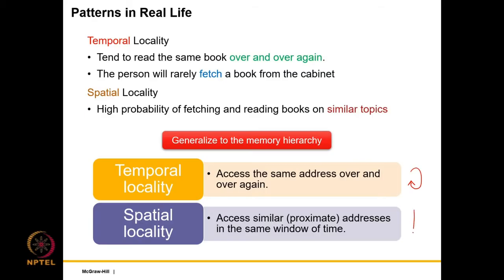Second, programs typically work on, let's say, large arrays or similar data structures. In that case, you sequentially scan the array elements. This is an example of spatial locality, because if the first element was accessed, then we will access the second, then the third, then the fourth, and so on.